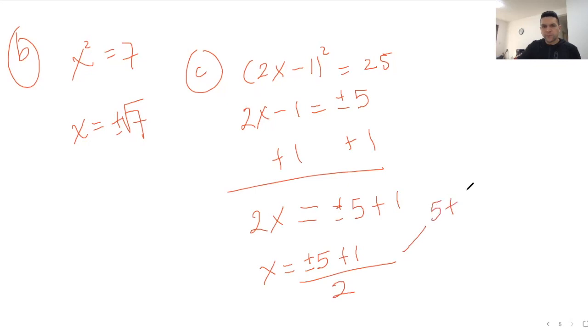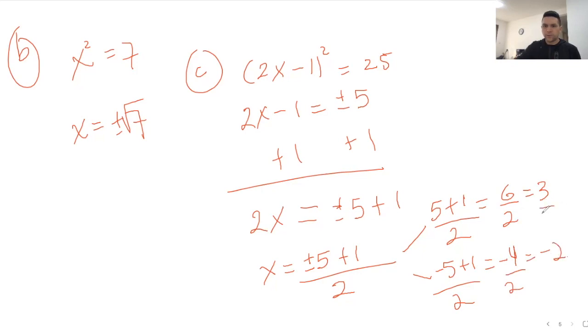We get 5 plus 1 divided by 2, right? So 6 divided by 2 equals 3. And then the other one would be negative 5 plus 1 divided by 2. So that'll be negative 4 divided by 2 equals negative 2. And those are our two answers, 3 and negative 2.